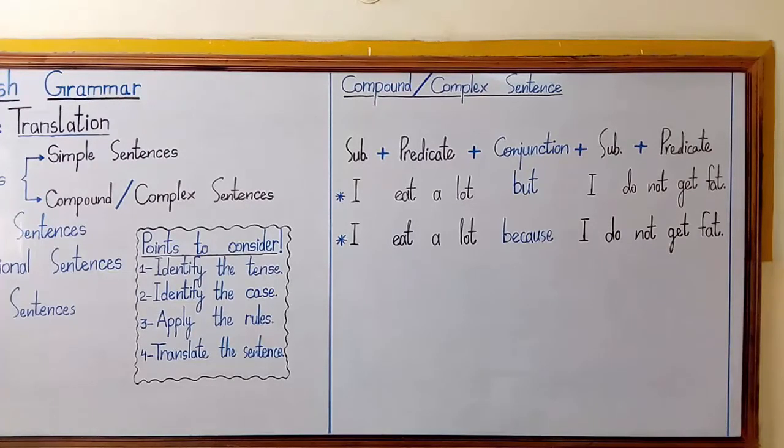So these 7 conjunctions you can remember through FANBOYS. These 7 FANBOYS are called coordinating conjunctions. The rest of the other conjunctions are called subordinating conjunctions.